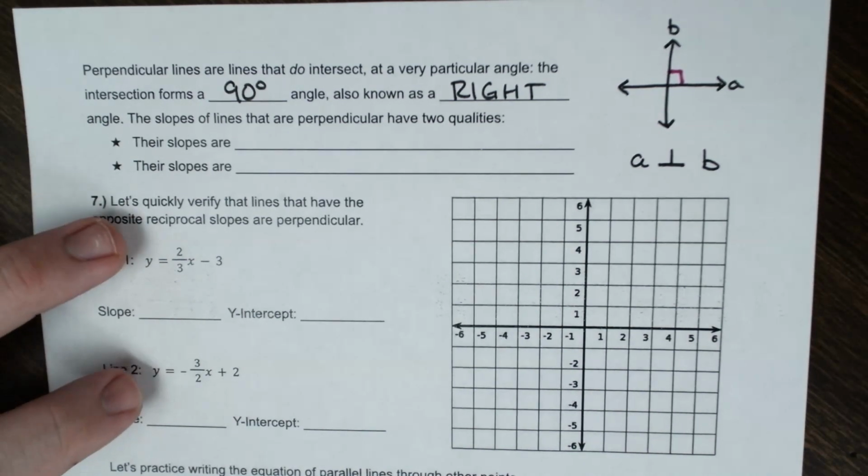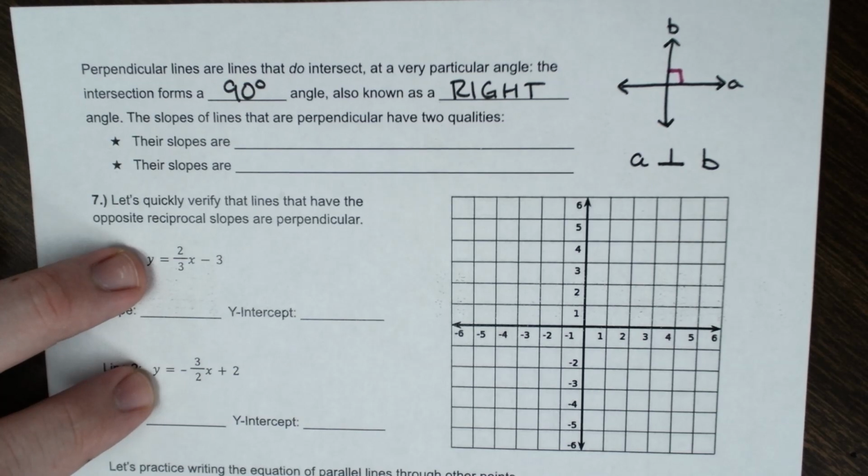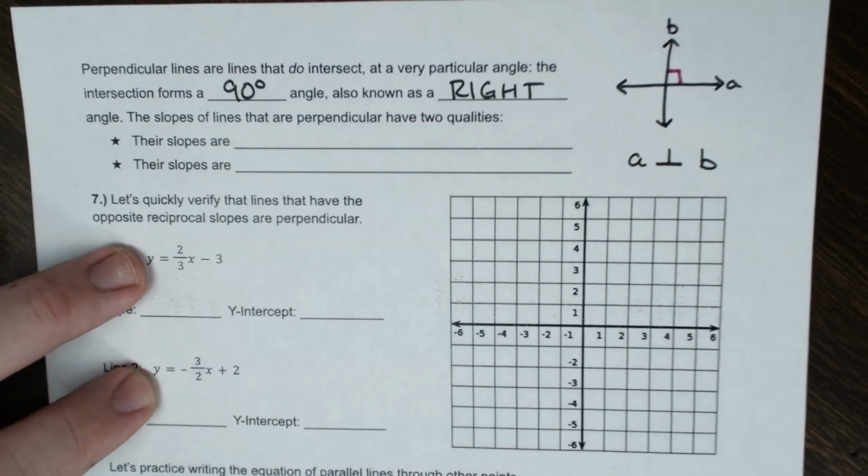So, based on these 2 lines that I'm telling you are perpendicular to each other, 2/3 x minus 3 and -3/2 x plus 2, there's 2 things that are true about their slopes. What do you think those 2 things are? The slopes are the same, they're just flipped? Okay, that is one of those things.